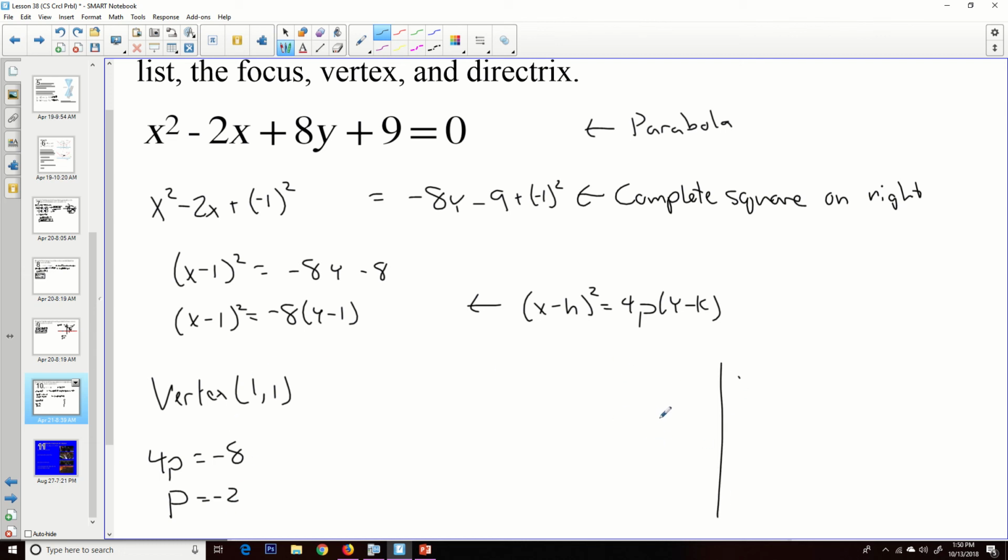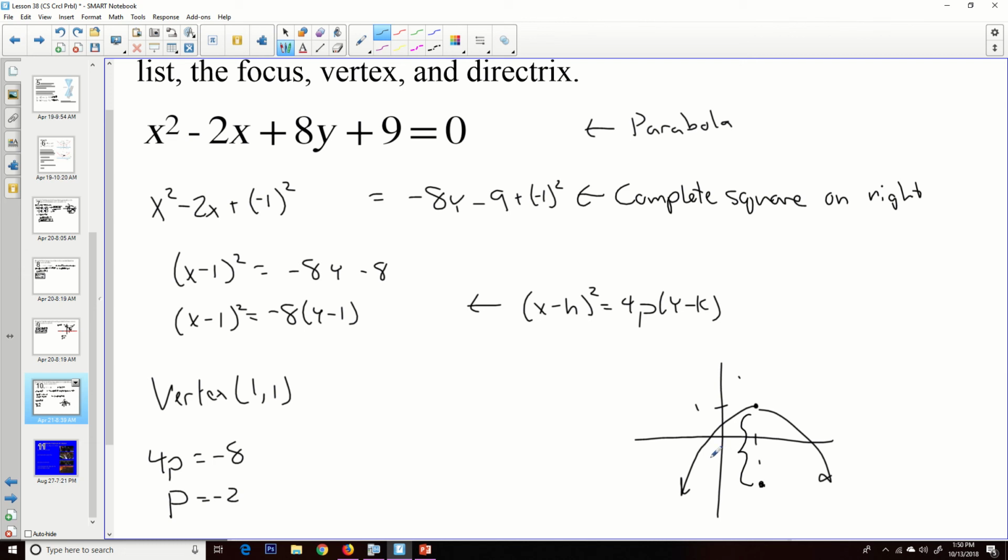So just a quick visualization. I've got a parabola at (1, 1), and it opens down like this. Now, p is -2, so that implies a direction to the focus.